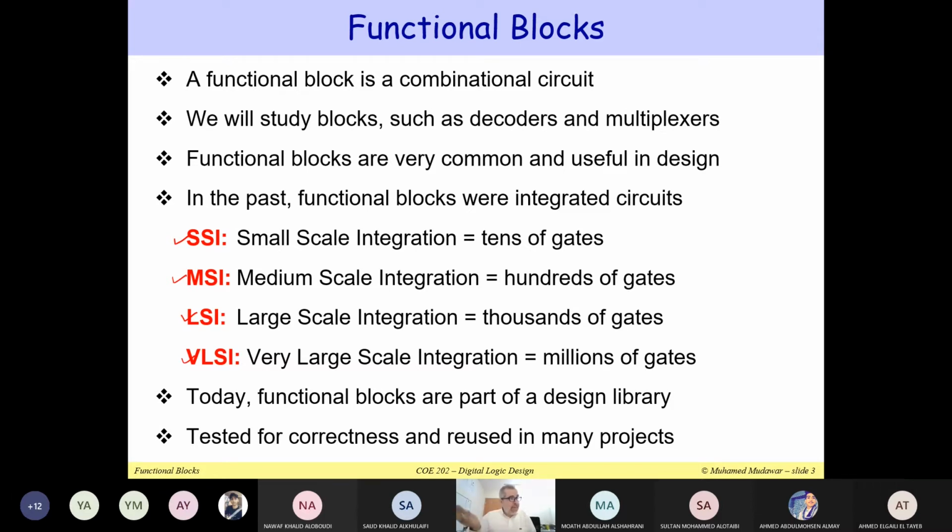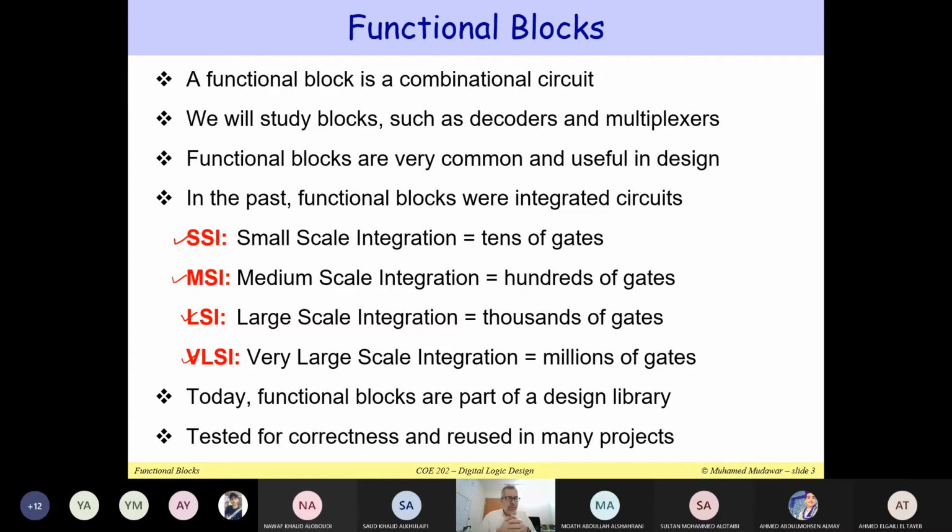Today, you can even have billions of gates on a single chip. So the numbers have increased because technology has improved and the integration has increased. So you can actually have even more gates. This is called ultra large scale integration.